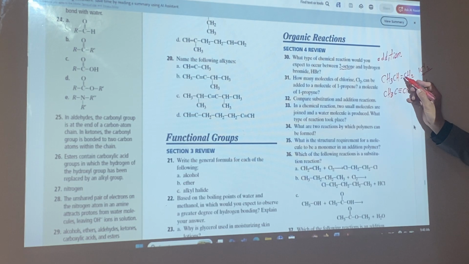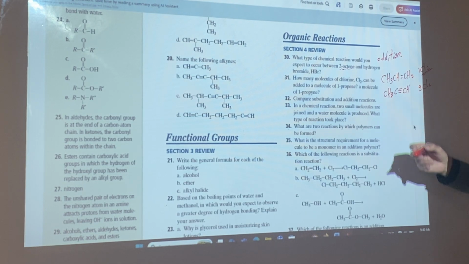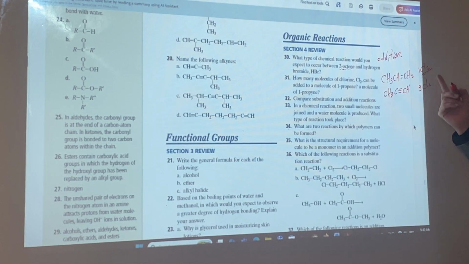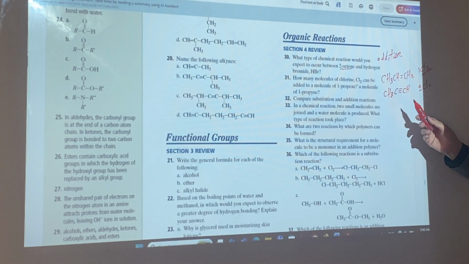Why? Because every bond change, from double to single or triple to double, needs one molecule. Here we have a double bond, so changing it to a single bond needs one Cl2 molecule. Here we have a triple bond, and changing it to a single bond needs 2 Cl2 molecules.